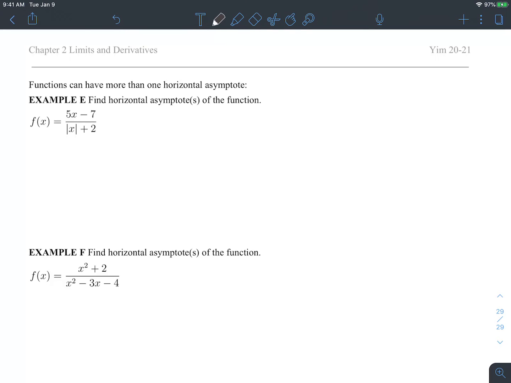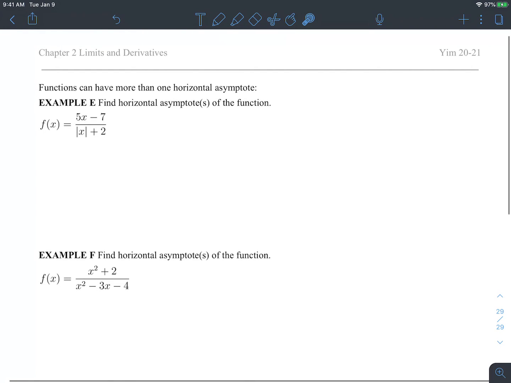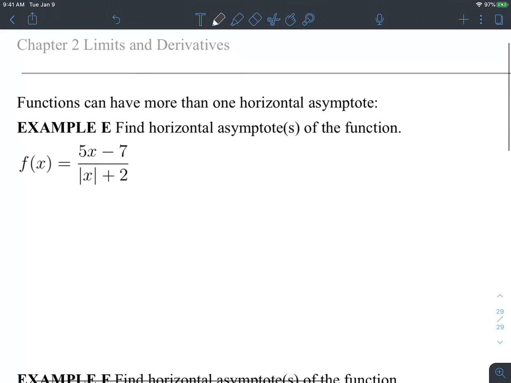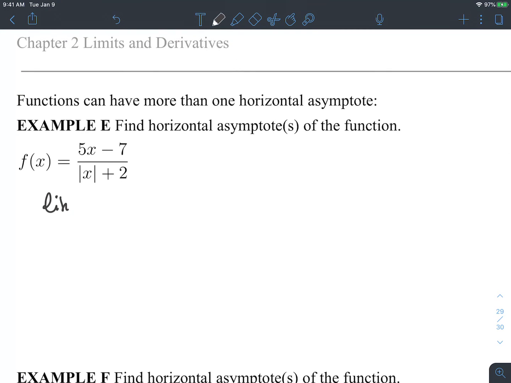So, this implies find what? Horizontal asymptote or asymptotes. And we're saying that there could be more than one horizontal asymptote. So what we're going to do is try to find both of them. Here we go. So what is the limit as x goes to positive infinity?